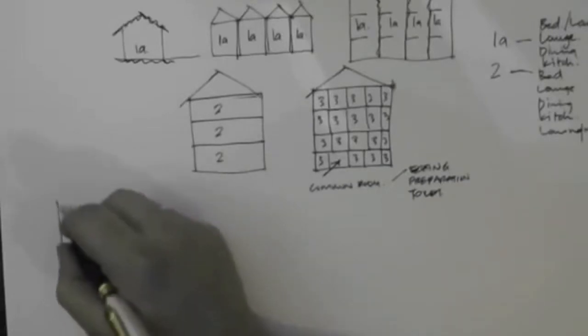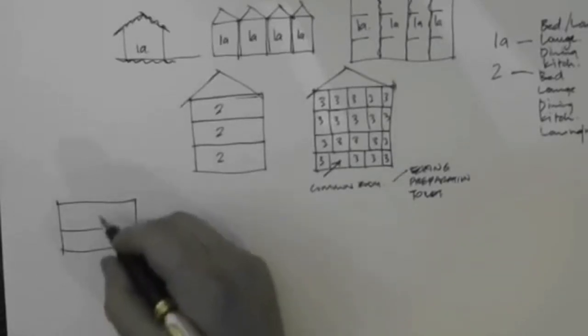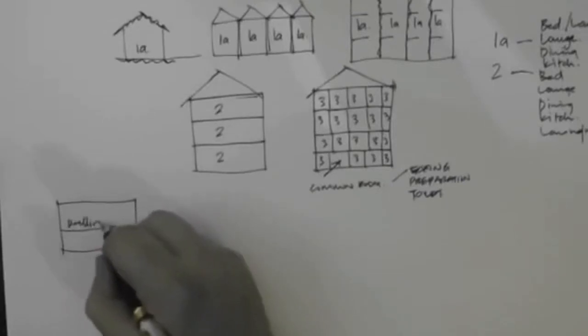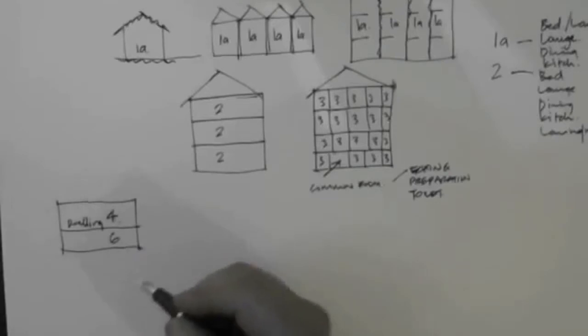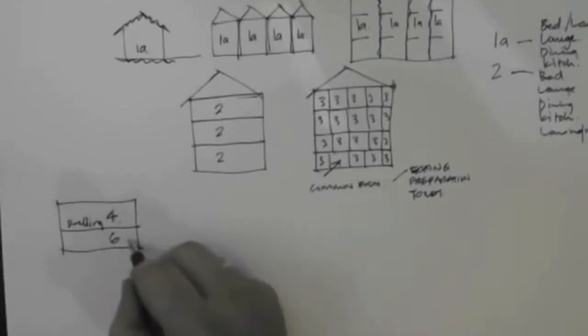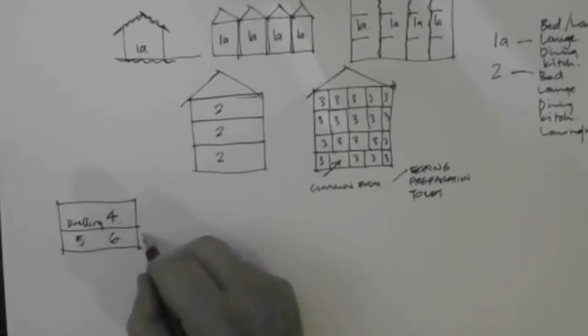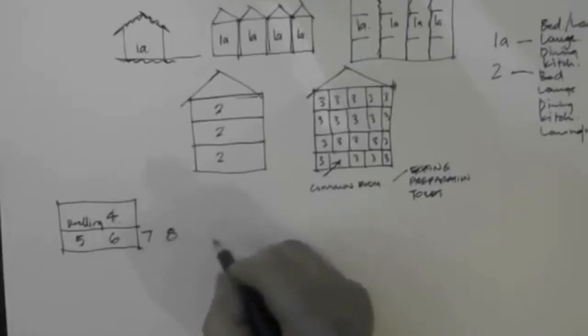Your Class 4 is kind of an unusual classification, but it's meant to be like a shop top, or where they have a dwelling above, let's say, a shop or another class. It could be a shop, it could be an office, it could even be a warehouse, it could be a factory.